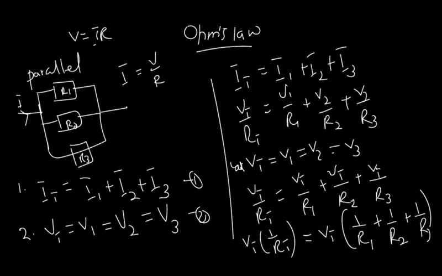So from here we can cancel out the V totals, and then we realize that the overall resistance, when we have the resistors connected in parallel, is given by 1 over RT, the total resistance, is equal to 1 over R1 plus 1 over R2 plus 1 over R3. So this is how we use Ohm's law and these simple assumptions that we made over here to derive an expression for the total resistance in a circuit.